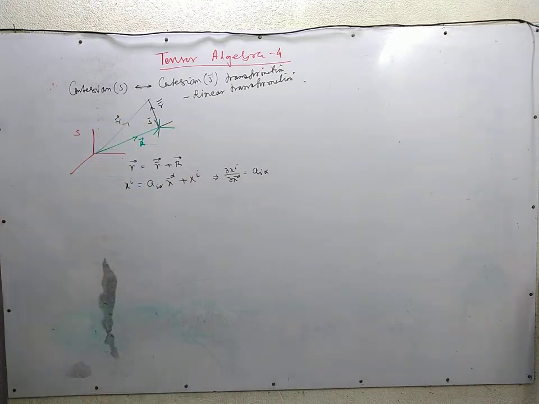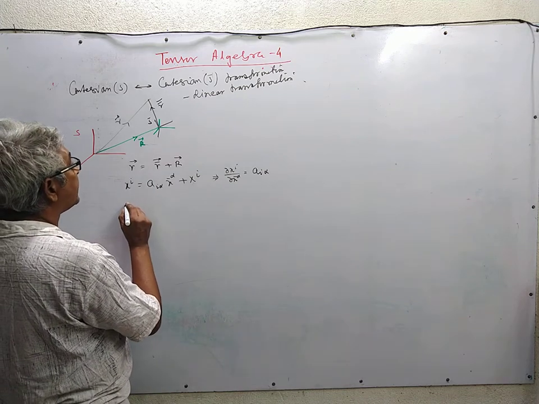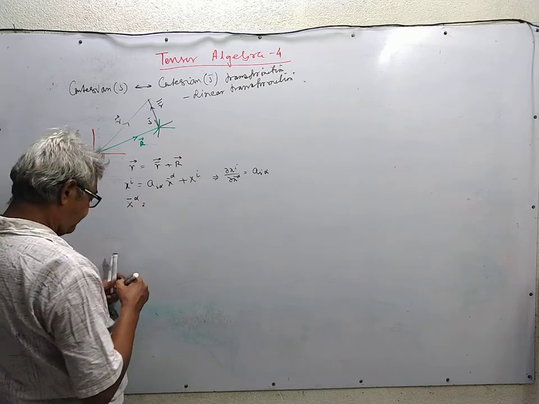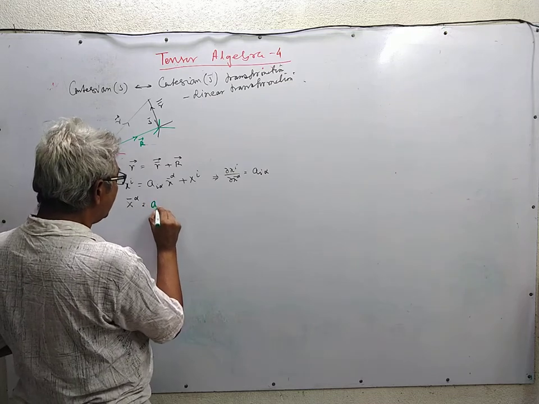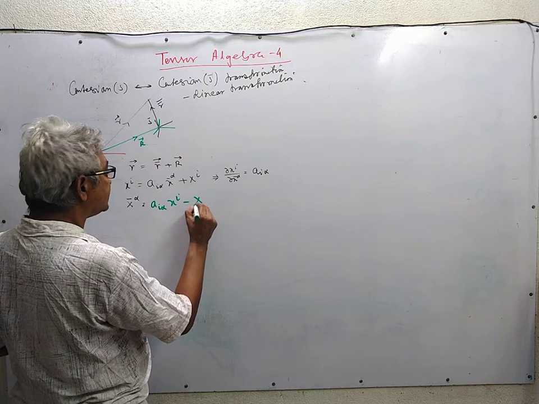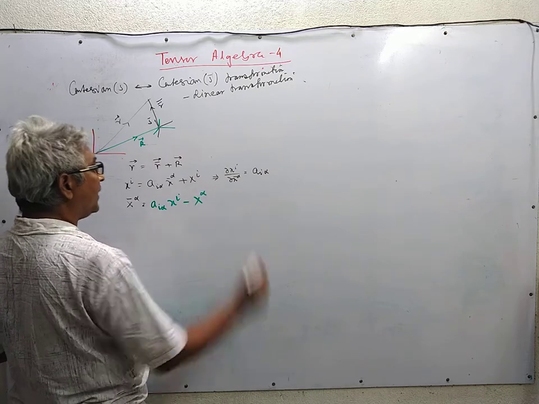You recall that the rotation is represented by an orthogonal matrix. So the inverse relation can be written as x bar alpha is equal to a i alpha x i minus X alpha.